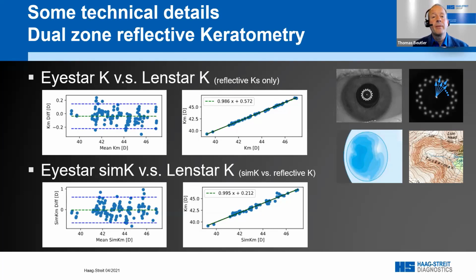So if you want to have the best precision, you would like to have reflective keratometry. And as we all know, in cataract surgery, the K readings are one of the most important measurements apart from the axial length to get good outcomes. That's why we've chosen to add reflective keratometry to the Eyestar as opposed to just using SIMK.